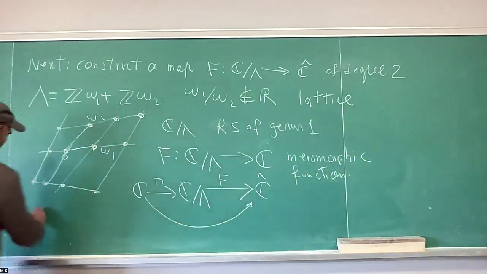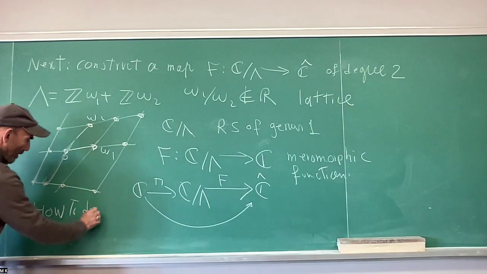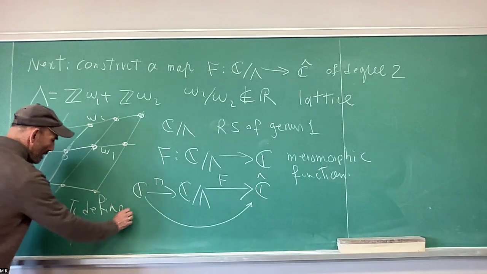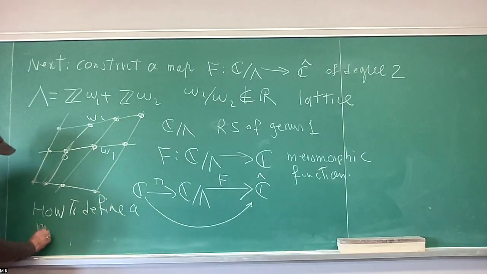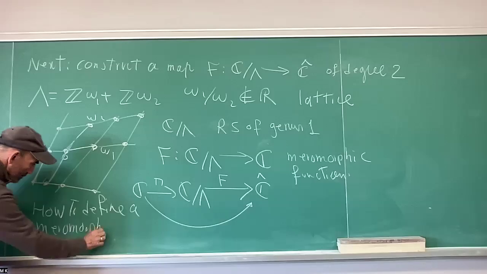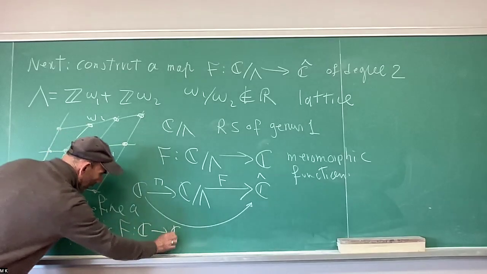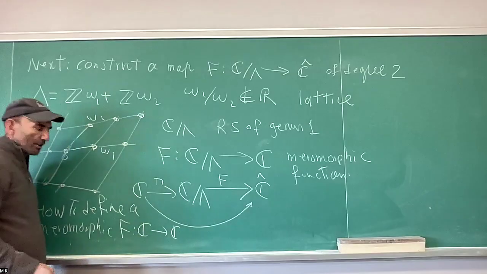Okay. So how? F now from C to C, meromorphic, which is doubly periodic.